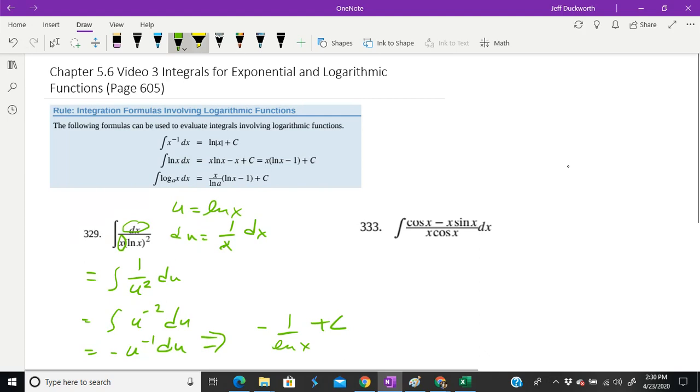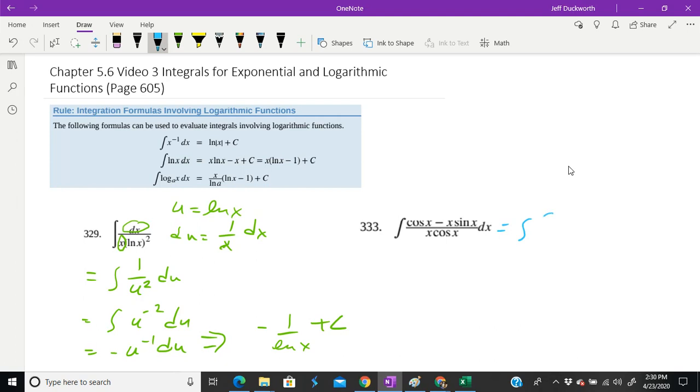Now, 333 looks intimidating until you just kind of simplify it beforehand. So let's do that. So cosine of x, x cosine of x in the bottom, I'll break this into two fractions here.